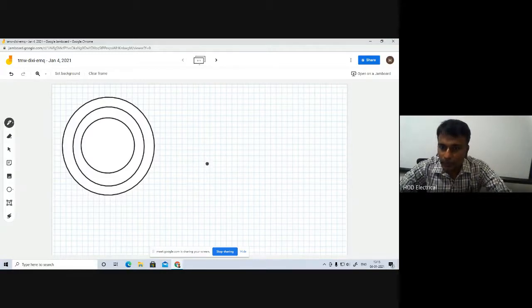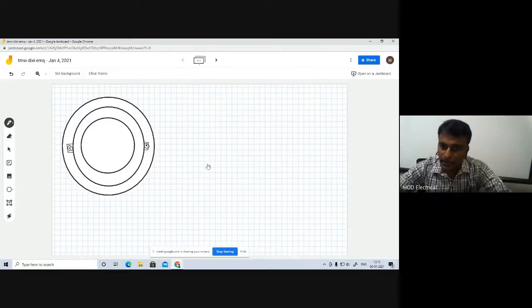This is the stator winding. Here the current is into the paper in this winding, and away from the paper in the other winding. Current is entering here and the current is leaving here.